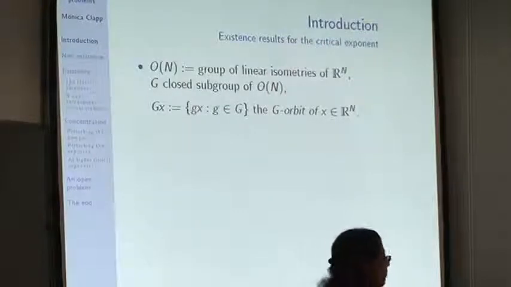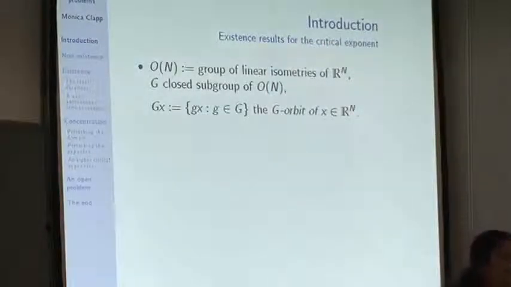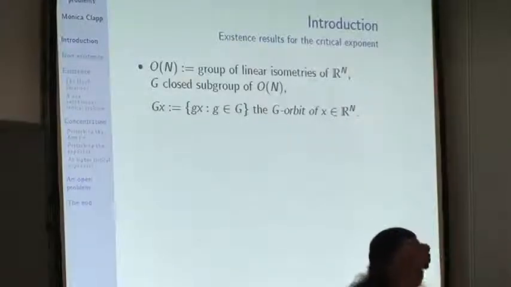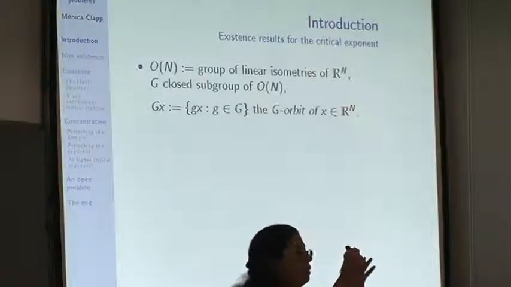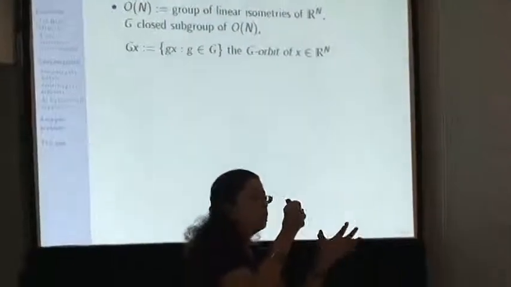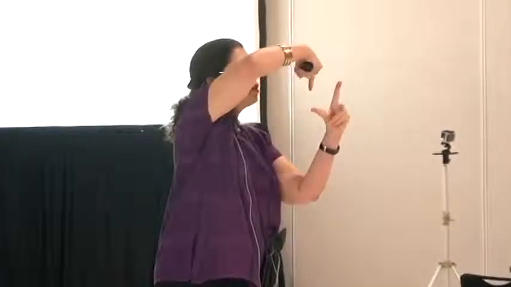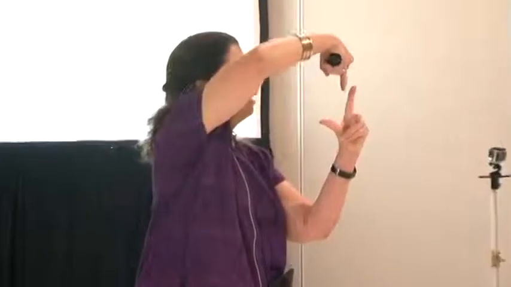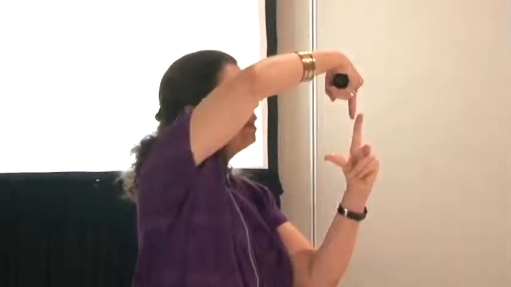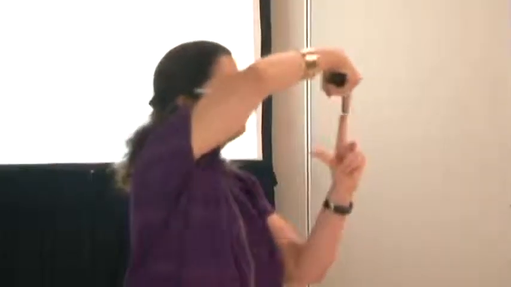For example, if the group is the whole of O(n) and you take a point different from the origin, then its O(n)-orbit is a sphere which has center at the origin and passes through this point. On the other hand, if you are in R^3 and you take the group of all rotations around the z-axis, then a point which is not on the z-axis has an orbit that is a circle, and a point on the z-axis has an orbit that is just that point.